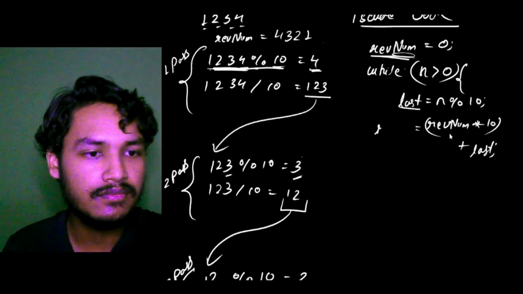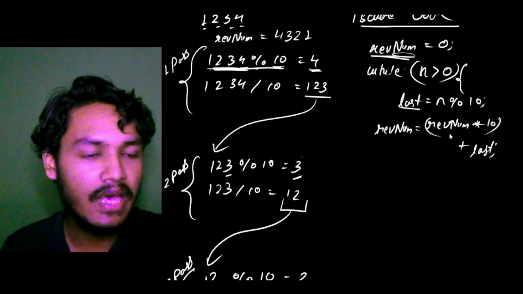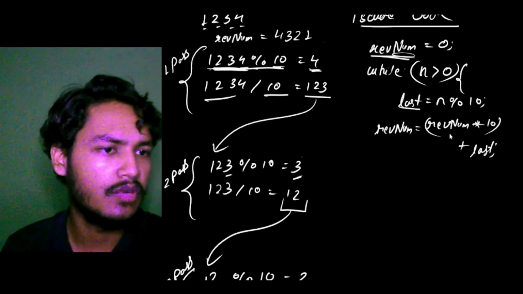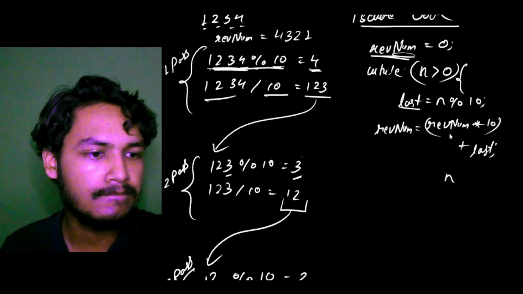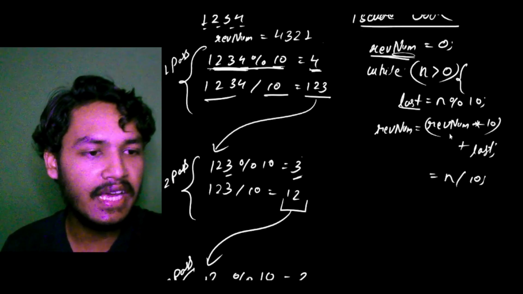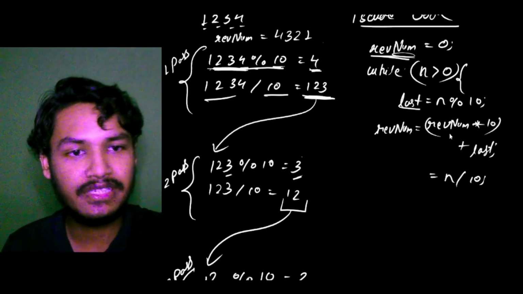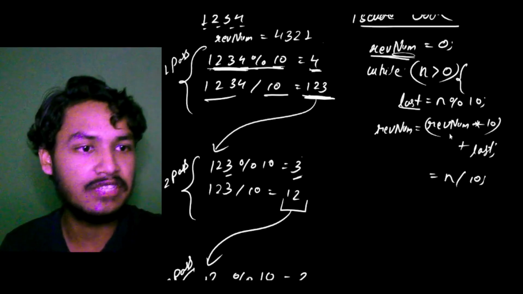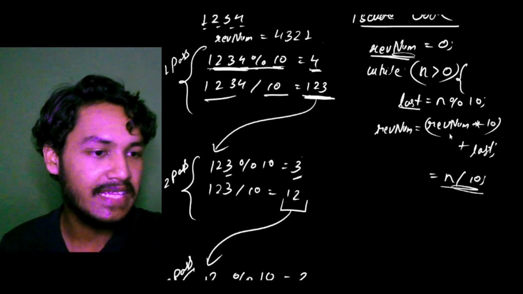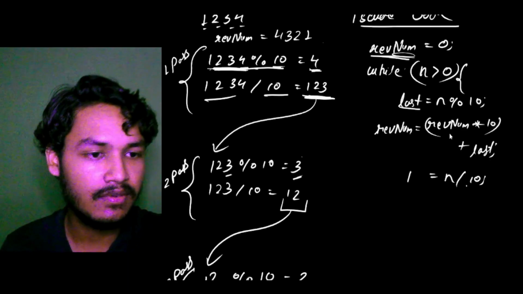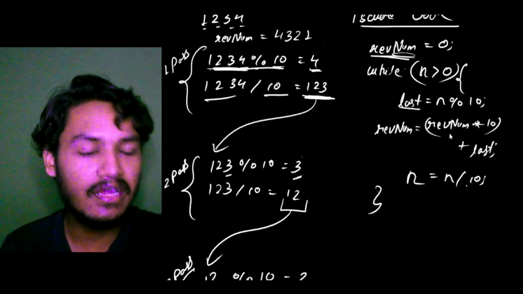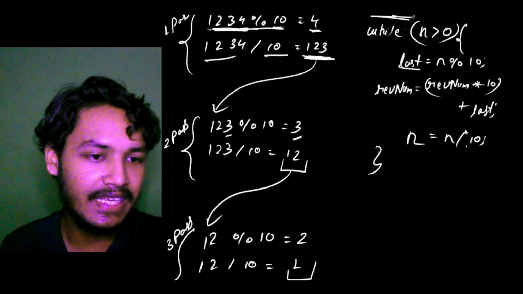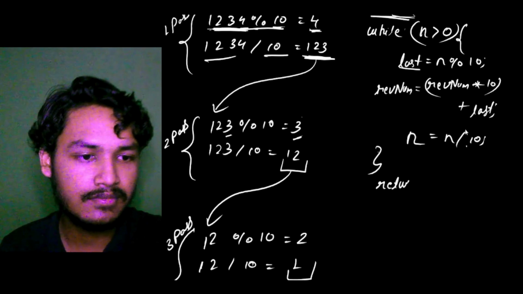Then we divide the number n by 10, and we have to pass this output as the input in the next pass, so we assign this calculated value to n again. Here our while loop will stop, and after completion of the while loop you can return the reverse number.